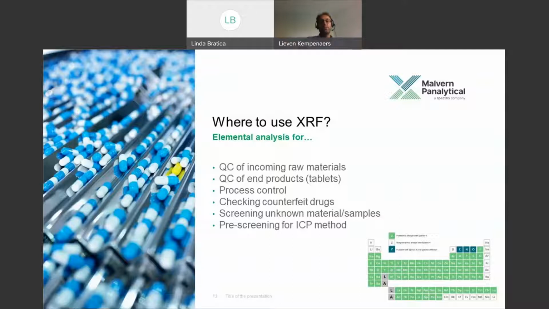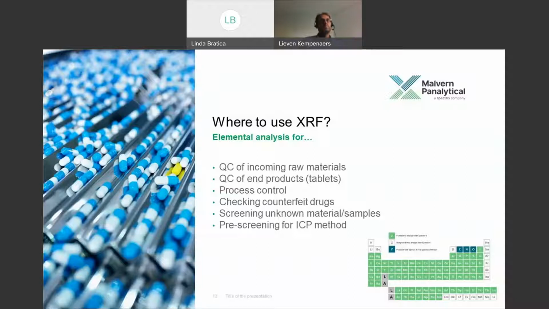That can be used also for process control, checking certain elements that determine the process, but also checking counterfeit drugs. That's also possible in the R&D facilities or the main lab. Also screening unknown materials, samples coming from the production site. That also happens sometimes, little particles, people don't know what it is.